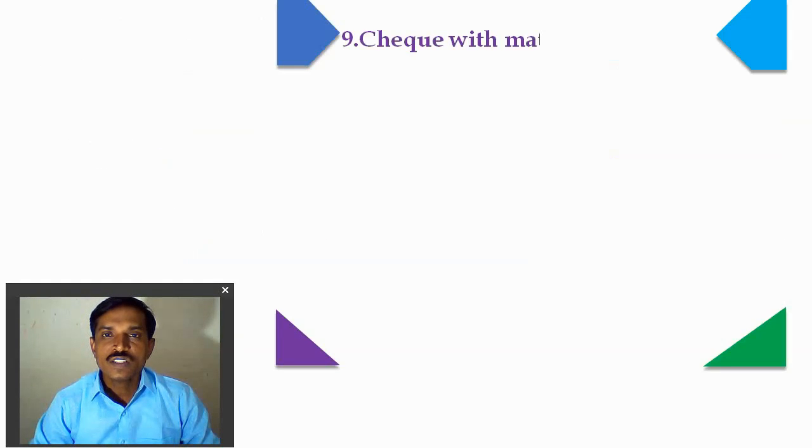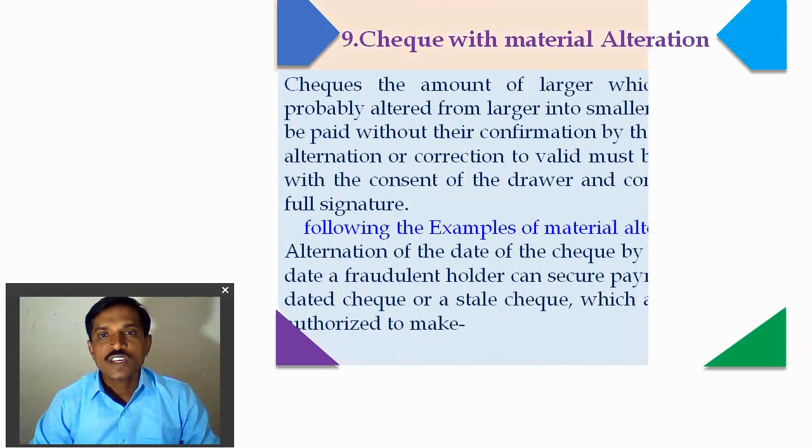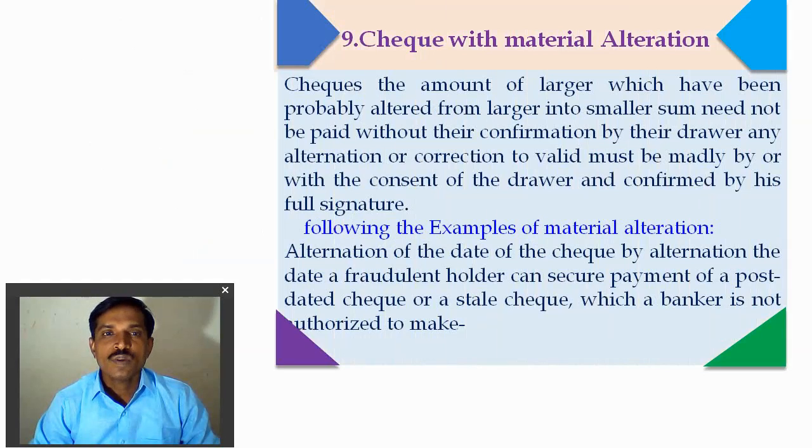The next is the check with material alteration. A check whose amount has probably been altered from a larger into a smaller sum need not be paid without confirmation by the drawer. Any alteration or correction, to be valid, must be made with the consent of the drawer and confirmed by his full signature.